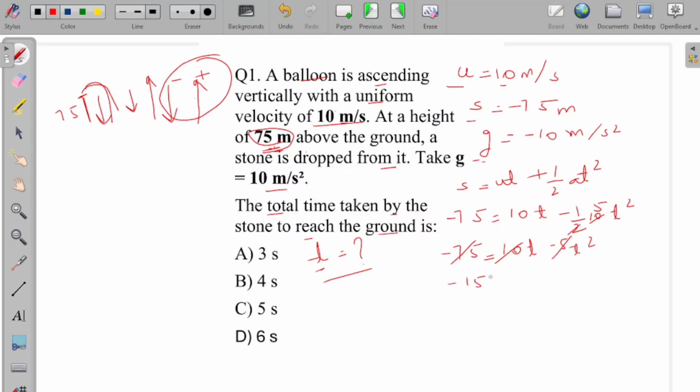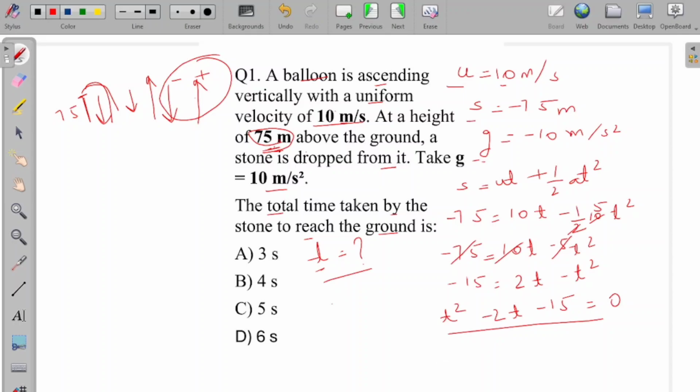Minus 15 is equals to 2t minus t square. Now let's get all the values on one side. T square minus 2t minus 15 is equals to 0. This is a quadratic equation and we can solve this quadratic equation.